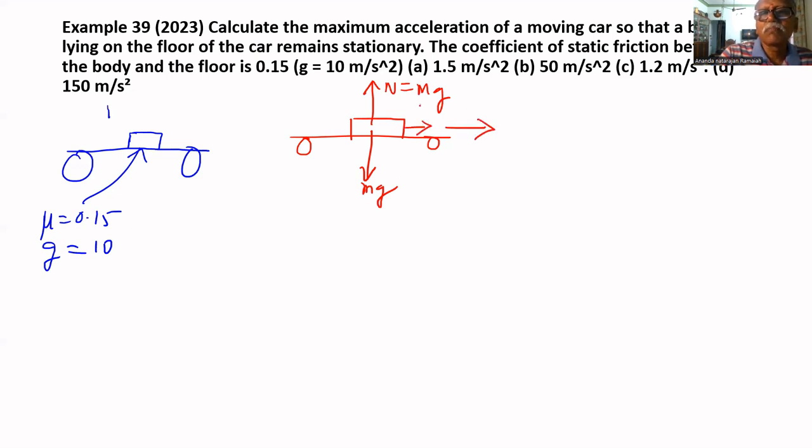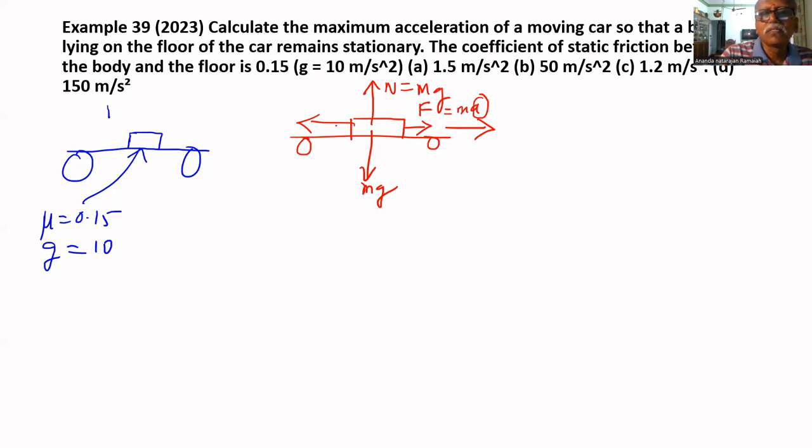Therefore, a force is applied here by the car because of acceleration. F is mass into acceleration. This acceleration is given by the car. The minimum acceleration required we would find. Therefore, in this direction, an equal and opposite force will exist. Third law.